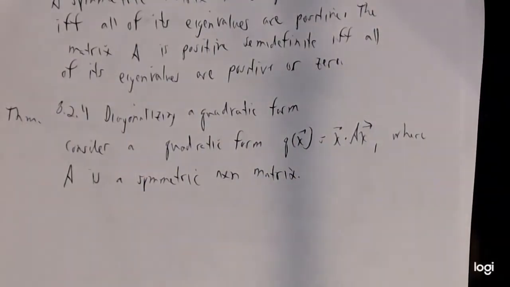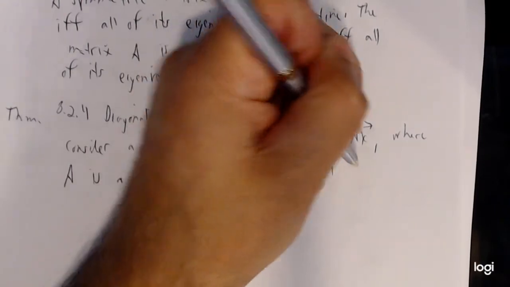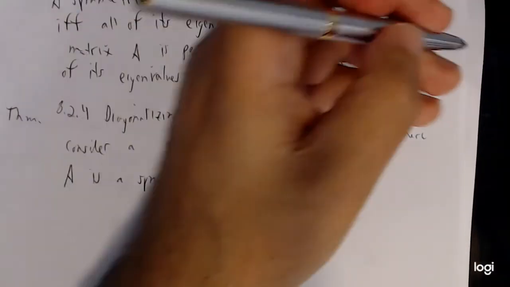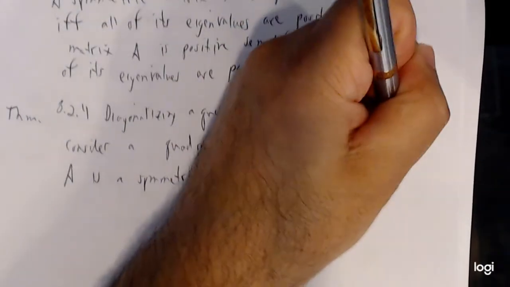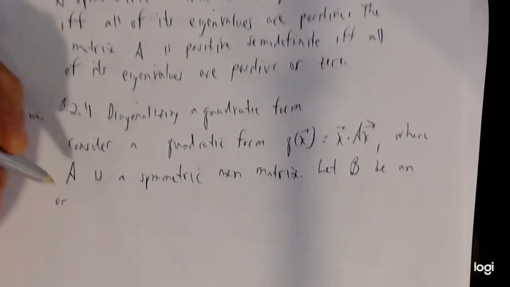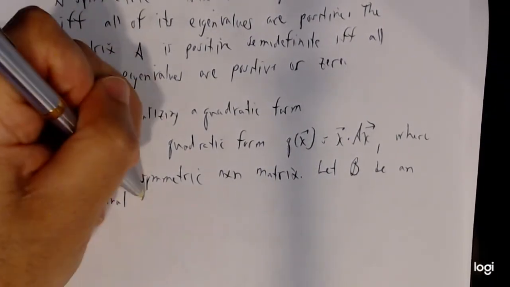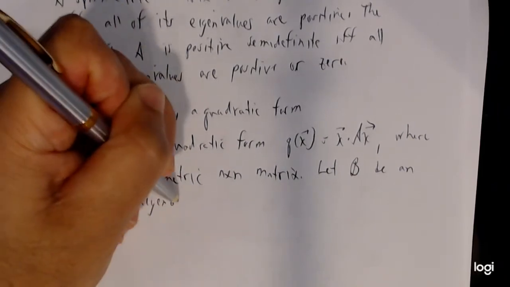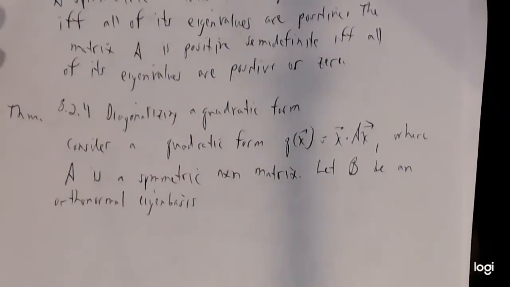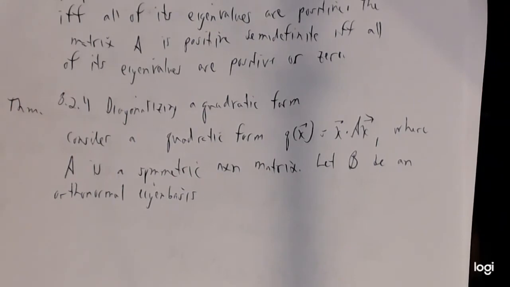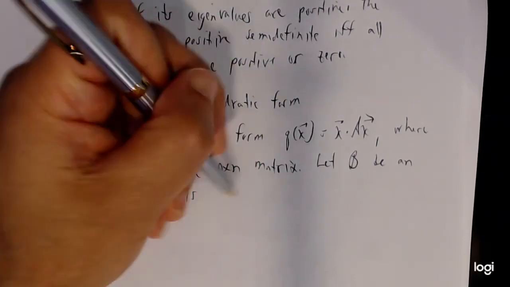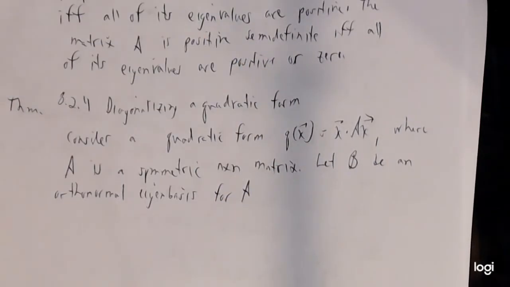Okay, so then we would say let script B be an orthonormal eigenbasis for A. And if you remember, we did that in example 1, right?